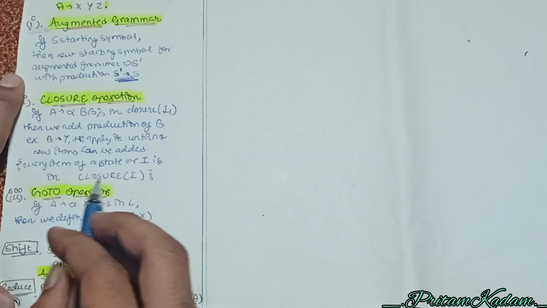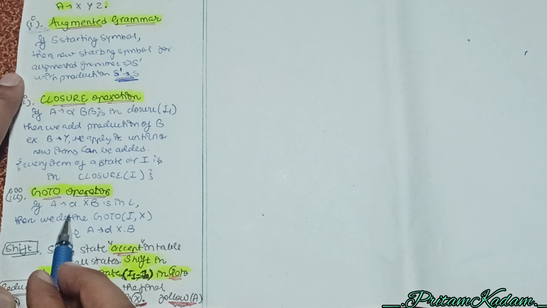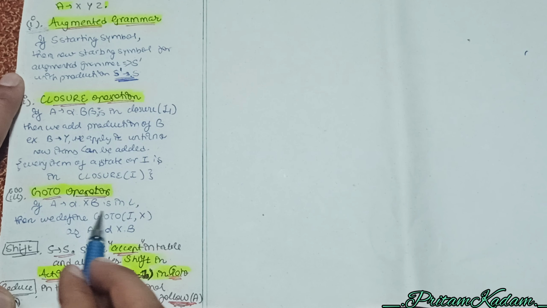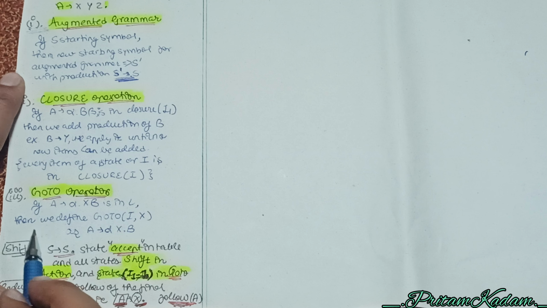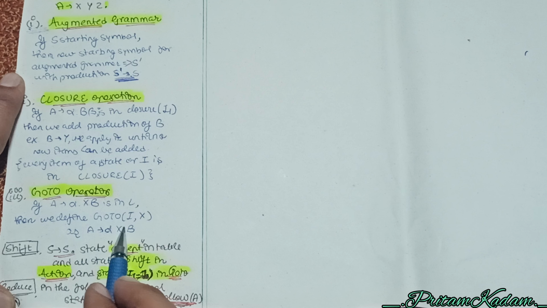Okay. Goto operator. If A gives alpha dot X beta is in the state I, then we define goto of I on X as A gives alpha X dot beta. You can see the dot was shifted from before X to after X, and then we will put the values of shift and reduce in the table.